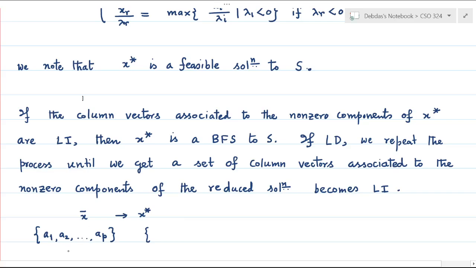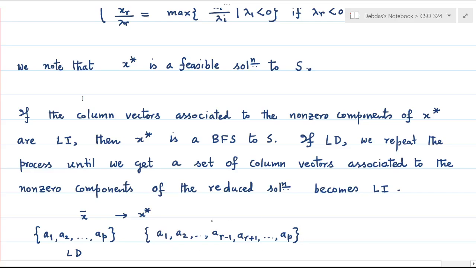But if it is linearly dependent, then we drop a few vectors from this set, at least the rth one, leaving a1, a2, ..., ar minus 1, ar plus 1, ..., ap. Now you check whether it is linearly independent.